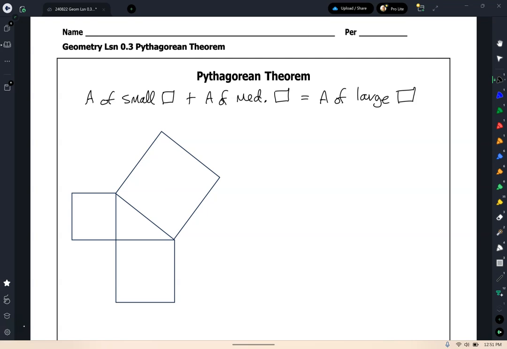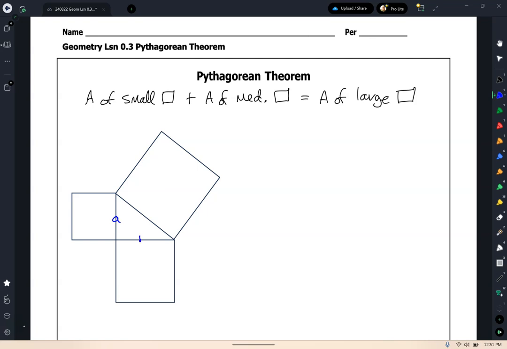This is what Pythagoras discovered. And as he was doing this, he said, okay, let's talk about this generically. In that particular example, we had a 3 by 3 square with an area of 9, a 4 by 4 square with an area of 16, a 5 by 5 square with an area of 25. And so he said, well, what if we just give these generic labels?